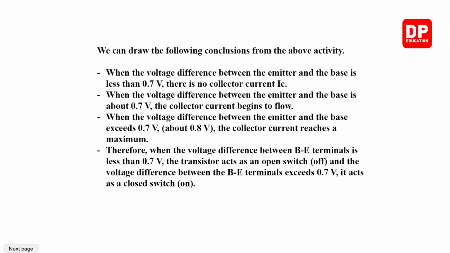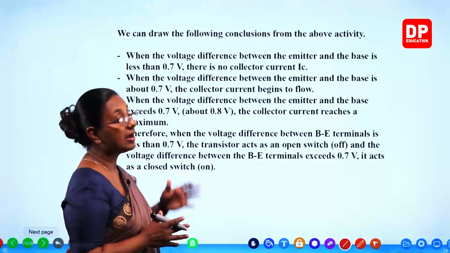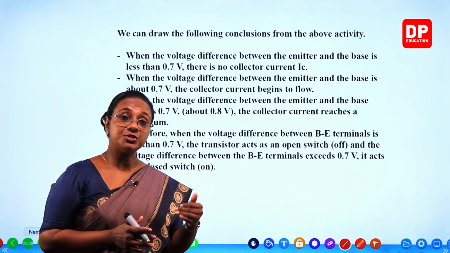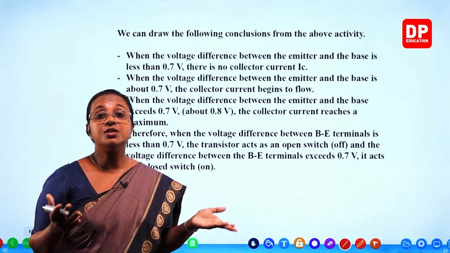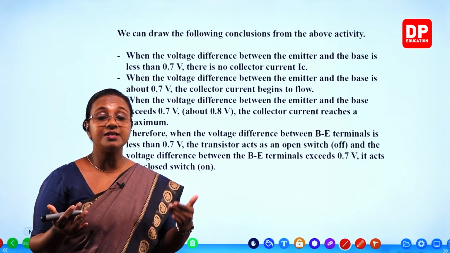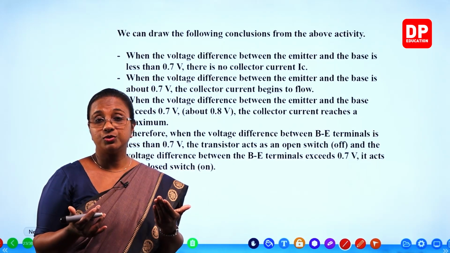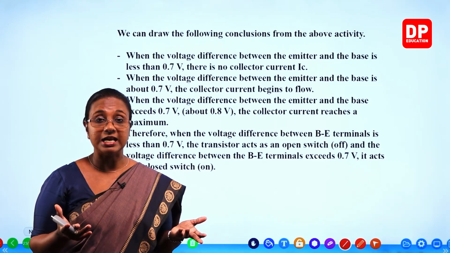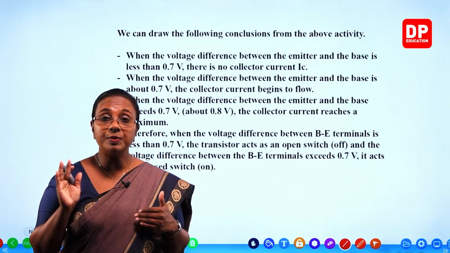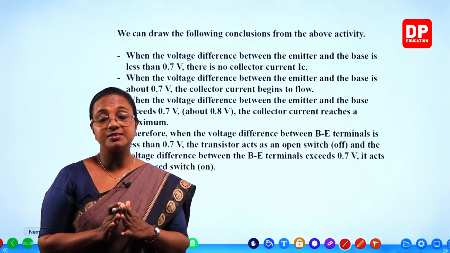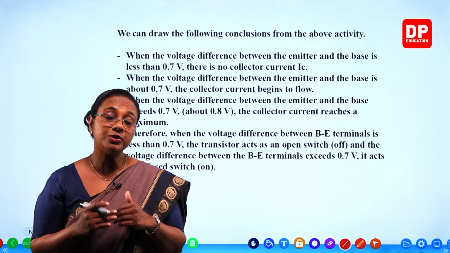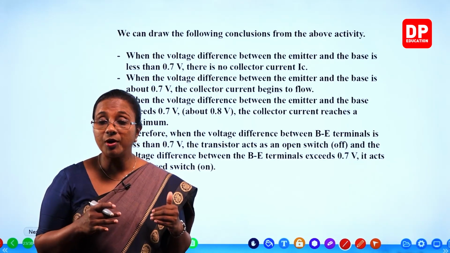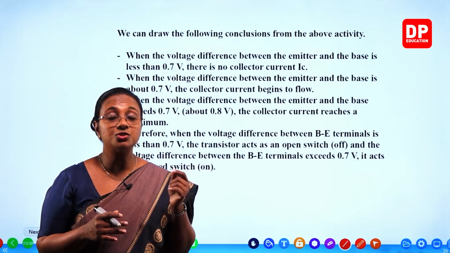So here you can see we can draw the following conclusions from the above activity. Some of them I have already discussed with you all. Like I told you all, below 0.7 volts, the switch is open. The transistor does not allow current to flow through the bulb. Therefore, the bulb does not light. So the transistor acts as an open switch when the potential difference is below 0.7 volts. But as the potential difference reaches a value of 0.7 volts, the bulb starts to light.